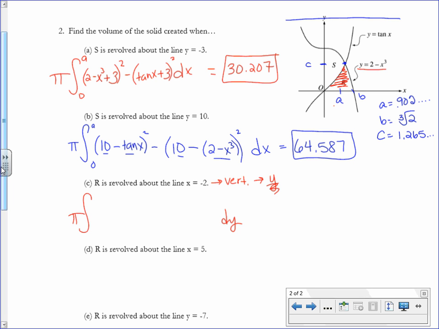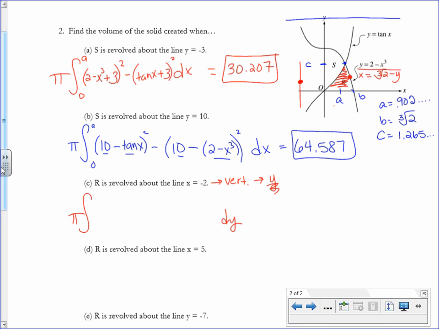I'm spinning around x equals negative 2, which is to the left. So my outer radius goes from x equals negative 2 to this line right here, which would be x equals the cube root of 2 minus y if I solve for x, so it's in terms of y.